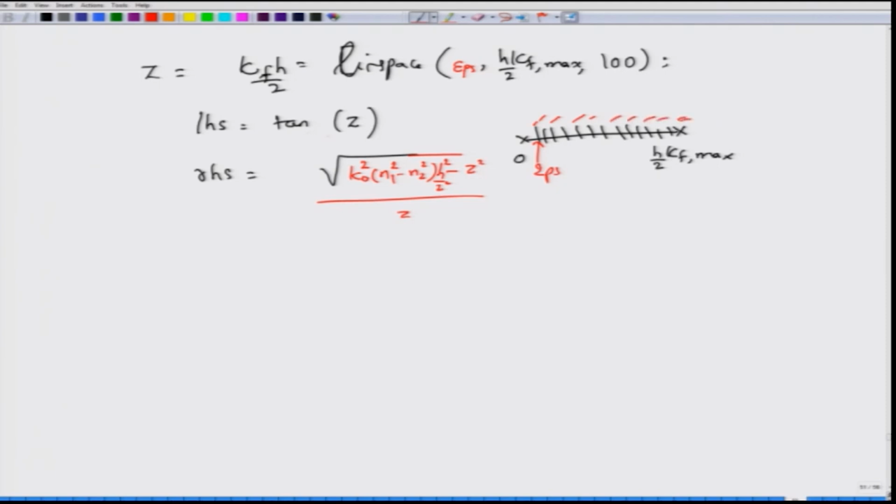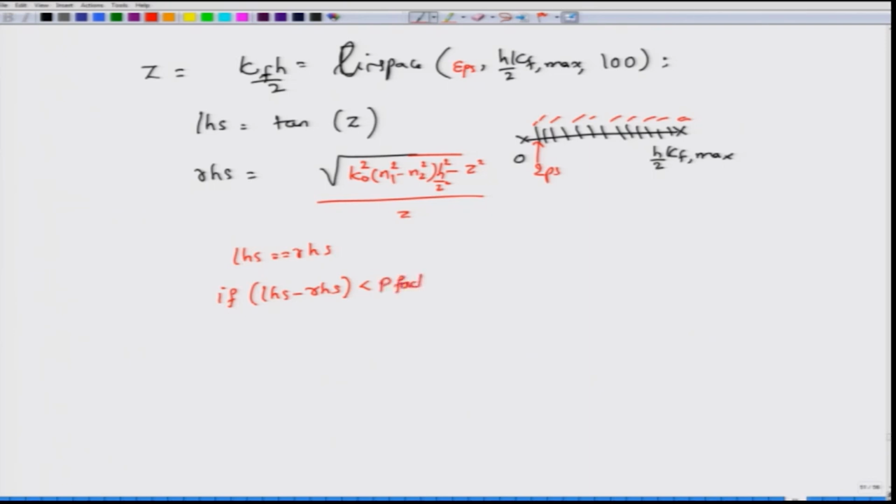So, you create the left hand side array and the right hand side array, and then you find the points where LHS is equal to RHS. Now, equals is a very interesting condition. Therefore, what you normally do is subtract LHS from RHS, and then check whether the difference between these two values is less than some predefined factor.